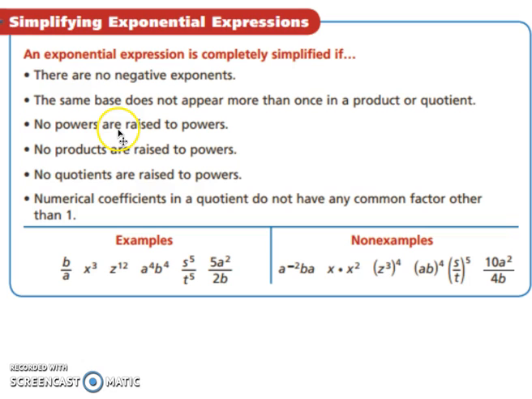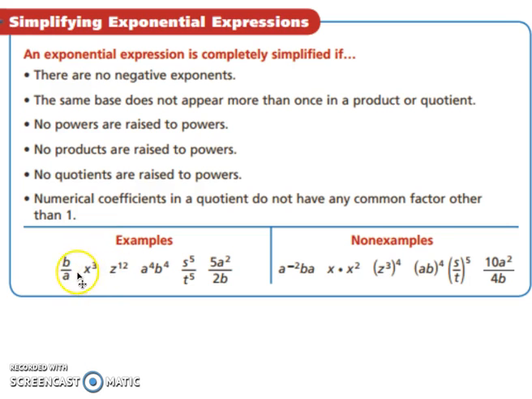No powers are raised to powers. No products are raised to powers. No quotients are raised to powers. Numerical coefficients in a quotient do not have any common factor other than 1.